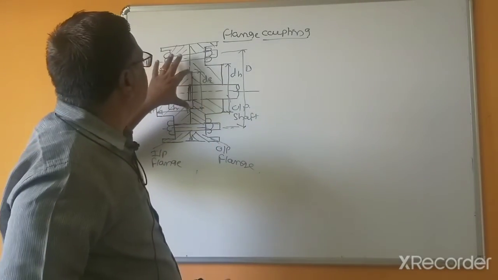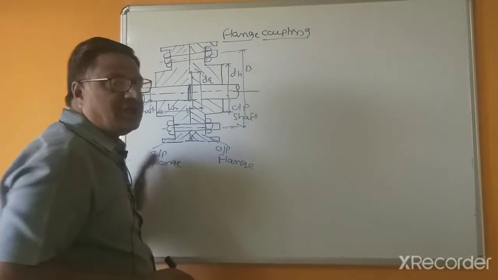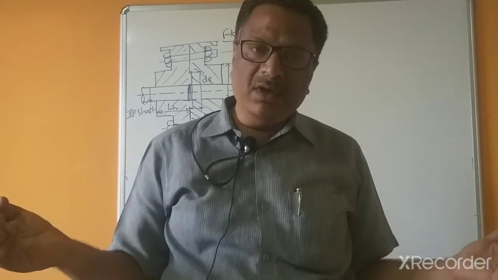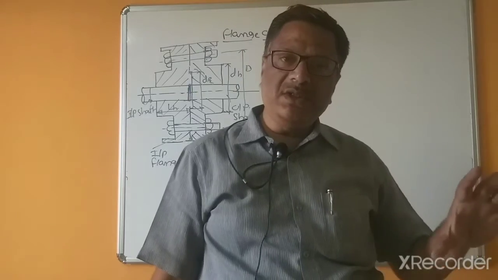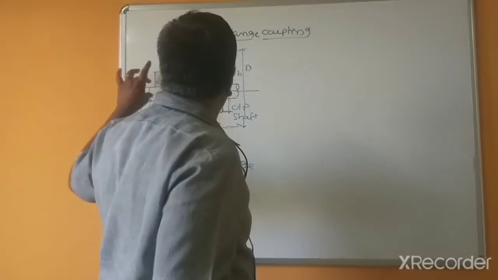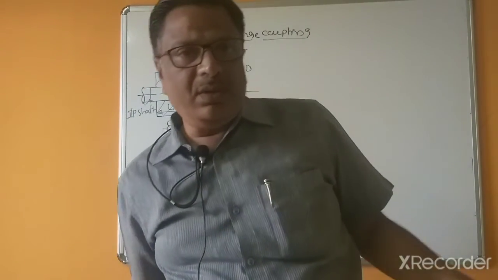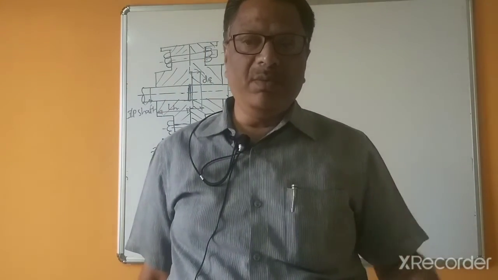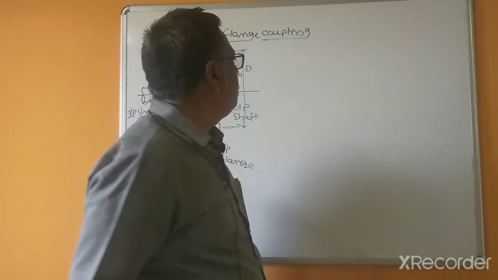Try to understand, this is for alignment purposes, meaning for coaxiality of both shafts. The input shaft diameter and output shaft diameter may be different, but here we assume the minimum diameter of the shaft. The input shaft diameter may be small and the output shaft diameter may be greater. What is the minimum input diameter and minimum output diameter according to the torque? That's why we do the design of the shaft.